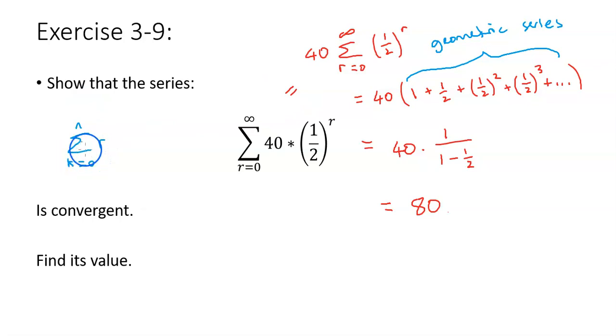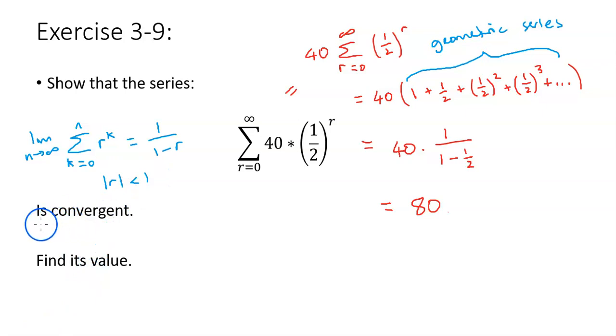So the sum from k equals 0 to n of r to the power of k, and then if we take the limit as n tends to infinity, we get that it's just equal to 1 divided by 1 minus r, as long as the modulus of r is less than 1.